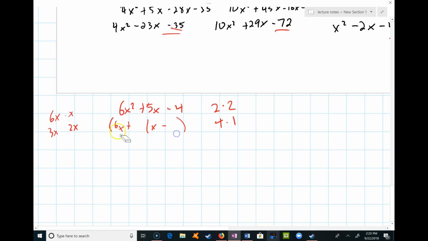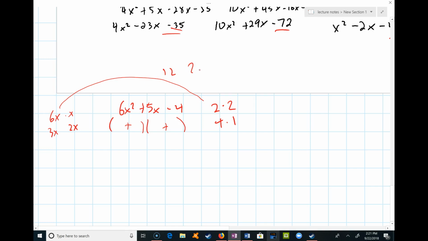The way to think about this is, because the last term is negative, the terms in the middle are positive and negative, which means I'm looking for a difference of 5. So I can quickly say in my head, 6 times 2 is 12, and 1 times 2 is 2.